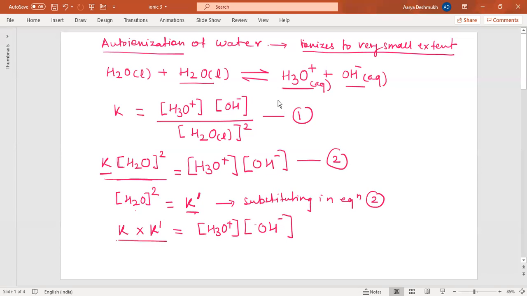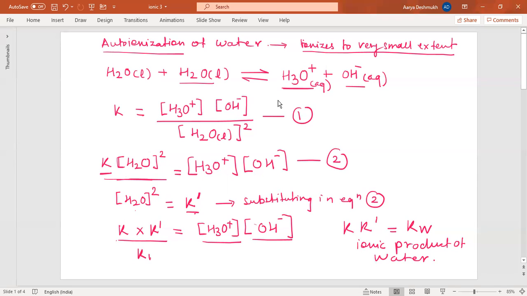This K into K dash is equal to Kw, which is denoted by Kw, what we call the ionic product of water. So K into K dash is equal to the concentration of protonium ion into the concentration of OH minus ion.